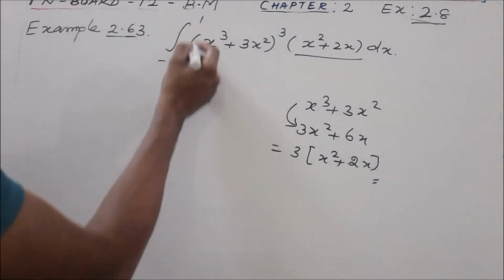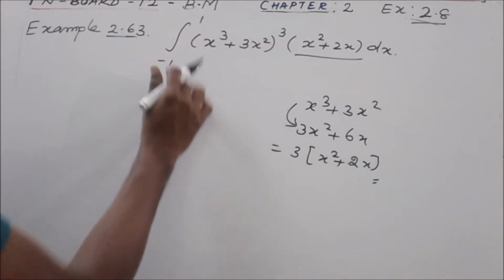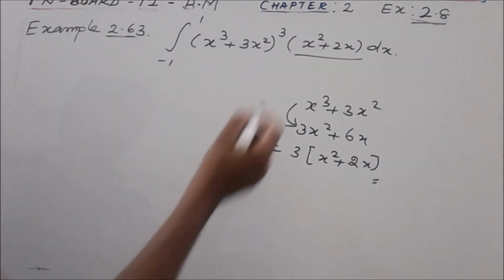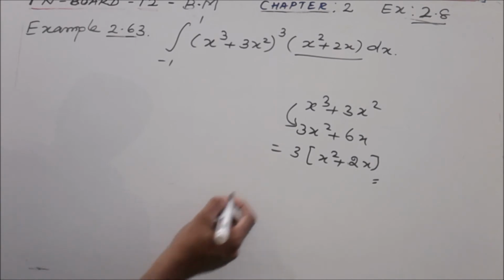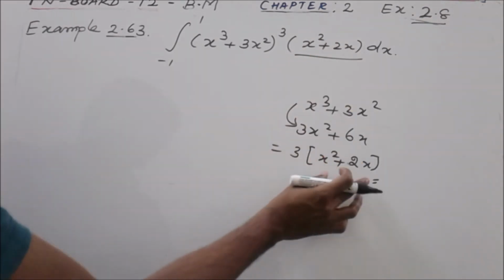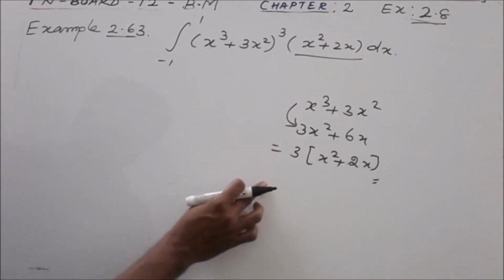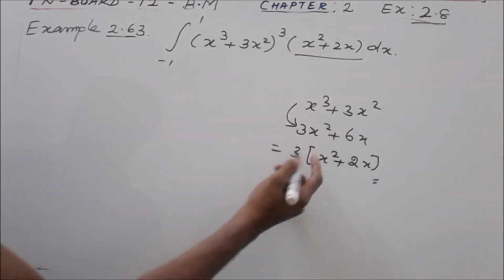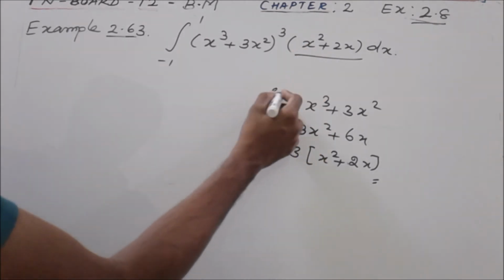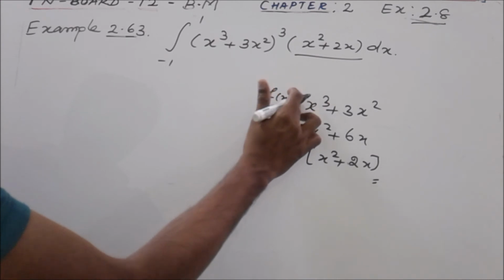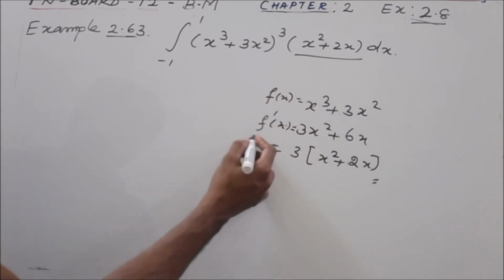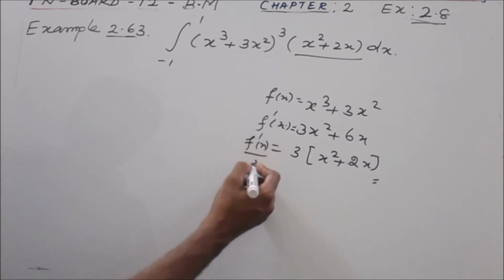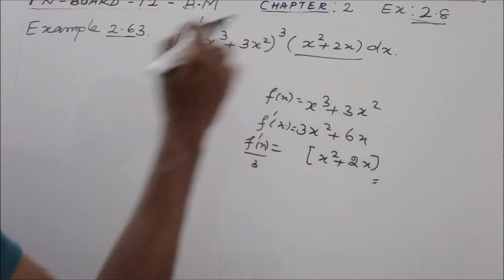So you can give substitution for this x cube plus 3x square as f of x. Then the remaining term becomes f dash of x by 3, because we have only x square plus 2x here. So dividing by 3, f dash of x by 3 will equal x square plus 2x.